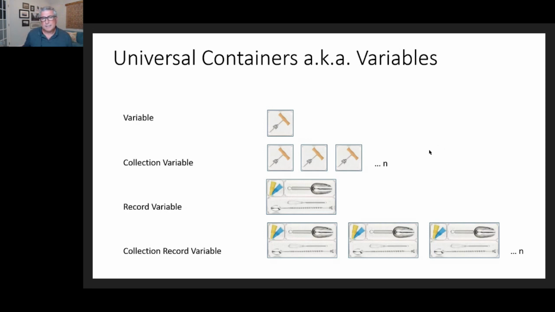So it's that concept. Now, the concept of a collection variable is actually a collection of n containers. They could be 10 containers, 20 containers, 30 containers that store different types of tools. They could be all slightly different from each other.